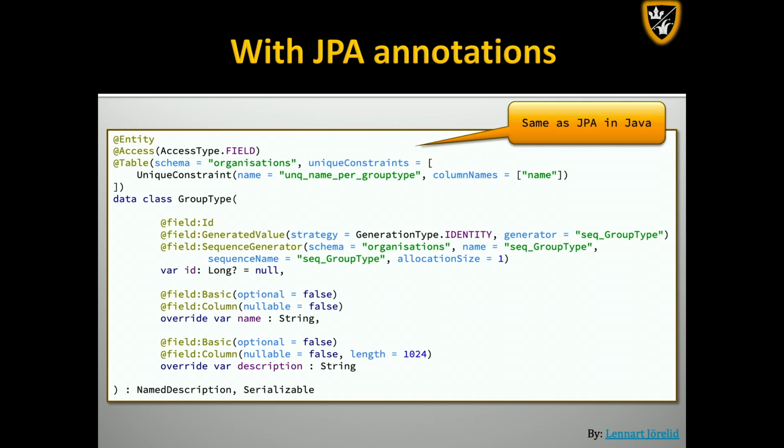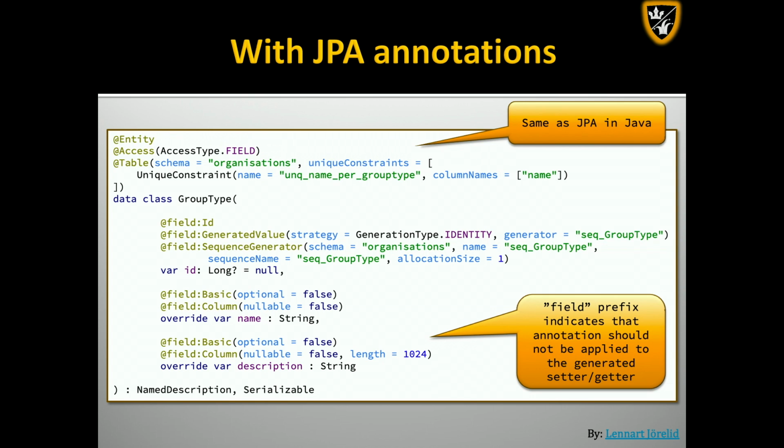So the JPA annotations are the same as in Java, only you can apply them to the Kotlin class mechanics as well. And the odd thing is that if you do this in Java, it would be an at basic, at column, at ID, at generated value, and so on.